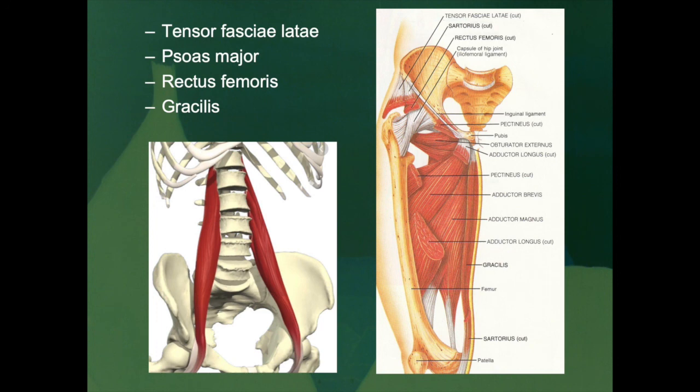There is a psoas major and minor. The psoas major will originate with the lumbar vertebrae, but then it will insert with the lesser trochanter of the femur. It connects the femur with the transverse processes of the lumbar vertebrae, which again are its point of origin there. And then it flexes and rotates the thigh.